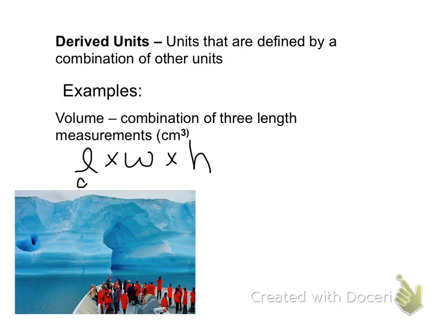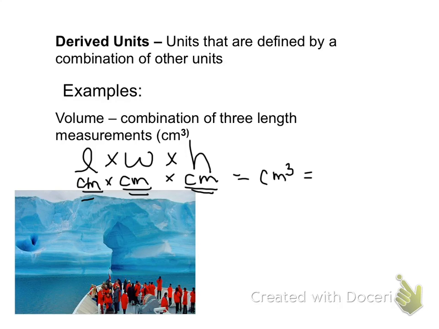And you might choose to use centimeters to measure each one of those. Now if we treat units like a variable, like an x, and we multiply x times x times x, or centimeters times centimeters times centimeters, we're going to get centimeters cubed. So that is a defined unit, but because it is defined by other units, in this case the centimeter.